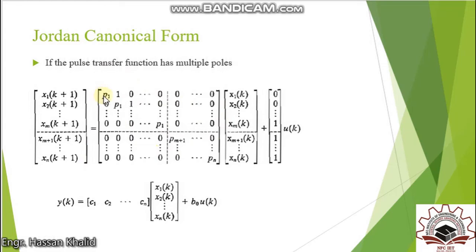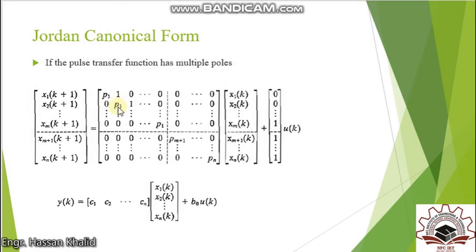So what will you do? First of all, you will place the value of the pole at the diagonal, P1 that is 1, 1, and similarly 1 again. Now the first entry, P1, will be placed directly.